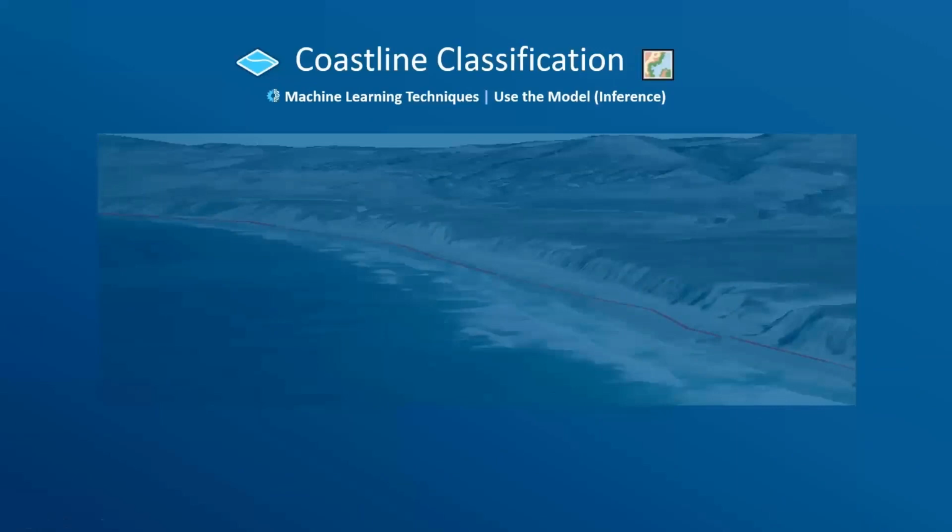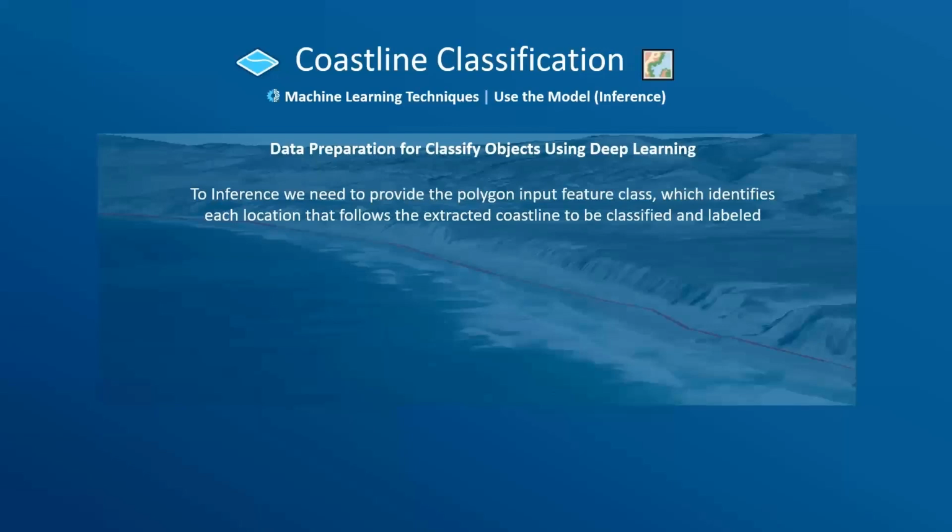And the final step is to use the model for inference. But before that, we need to do a quick data preparation to classify objects using deep learning. For inference, we need to provide the polygon input feature class, which identifies each location along the extracted coastlines to be classified and labeled.